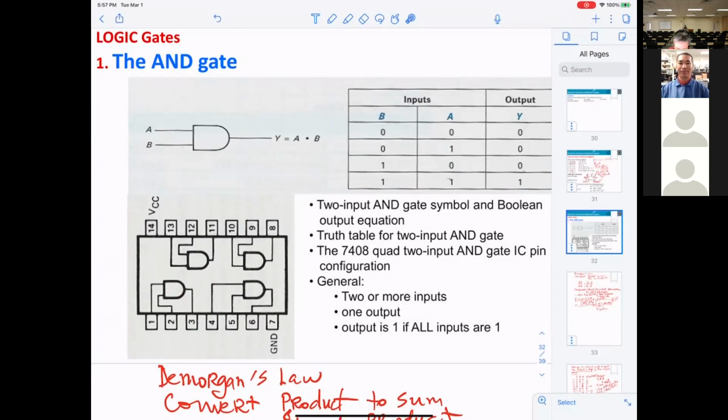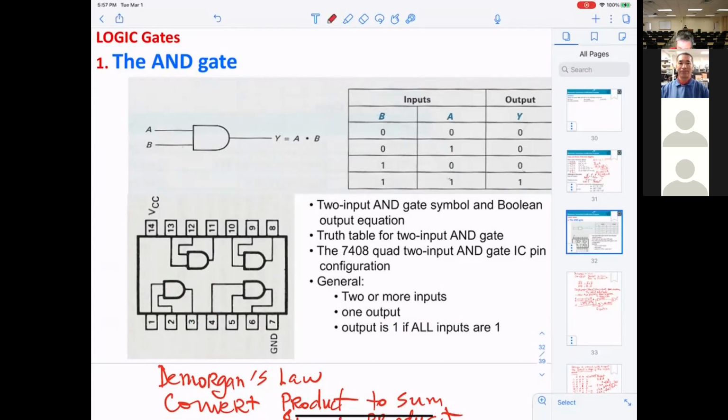What they said is the output of the AND gate is 1 if both inputs are 1. That means if the AND gate gets a 1 and a 0 input, the output will be 0.